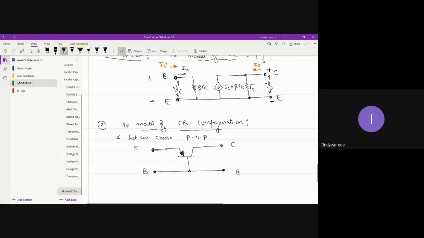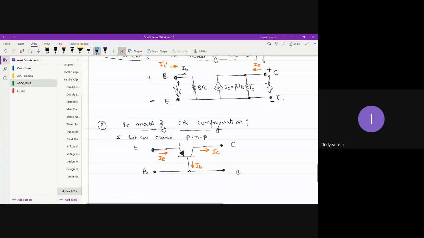Next you mark the current directions. Emitter current IE, base current IB, and collector current IC.